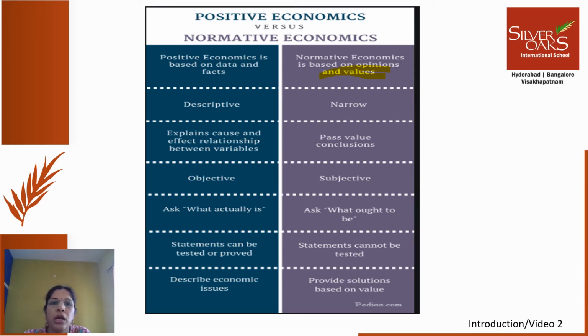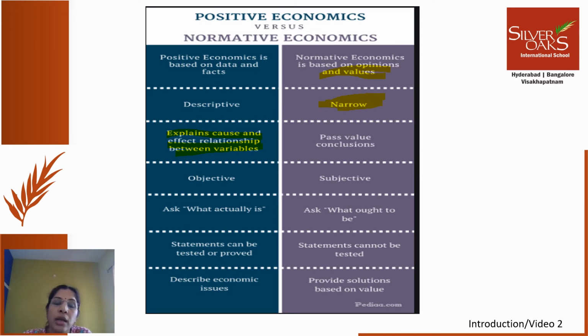Now, positive economics is descriptive. You can actually describe a particular economic phenomenon using facts and figures, whereas normative is a very narrow way of interpreting an economic issue. Positive economics explains cause and effect relationships between variables. For example, the rice production in our country has reduced by 50% because of recurrent cyclones or recurrent drought, whatever the reason.